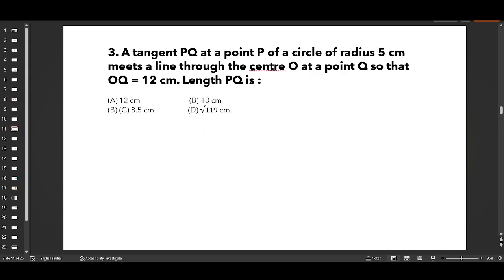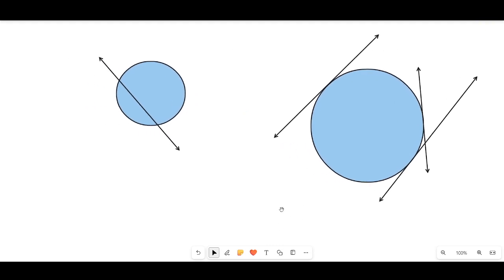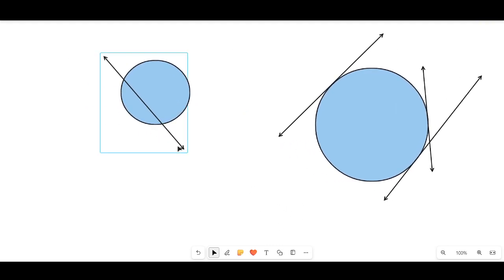A tangent PQ at a point P on a circle of radius 5 cm meets the line through the center O at a point Q so that OQ is 12 cm. Find the length PQ. First, we should draw a line.